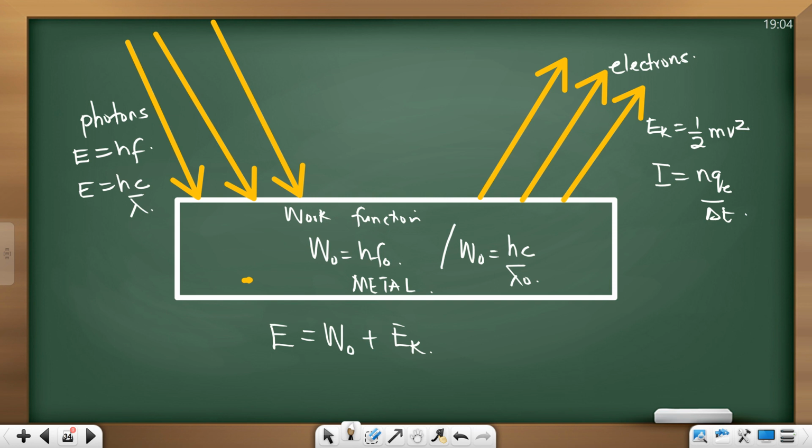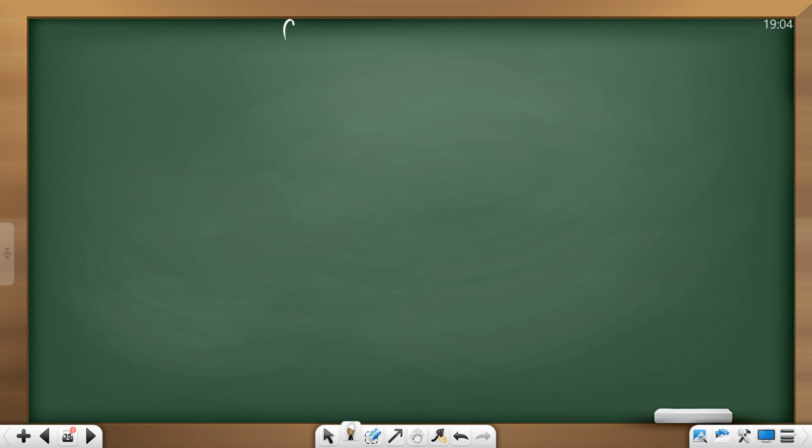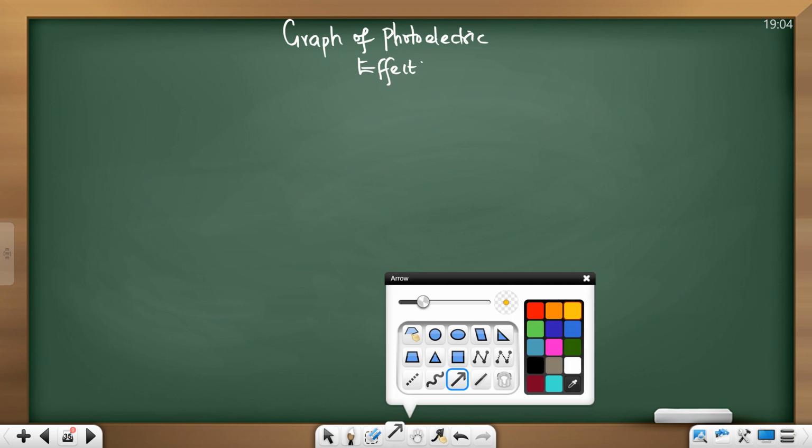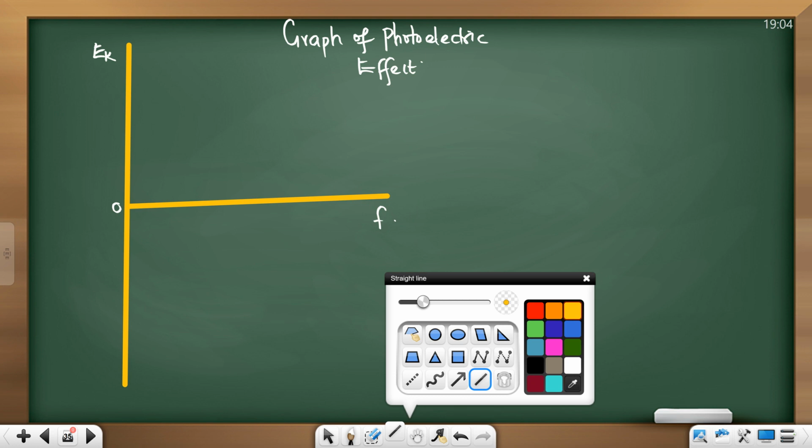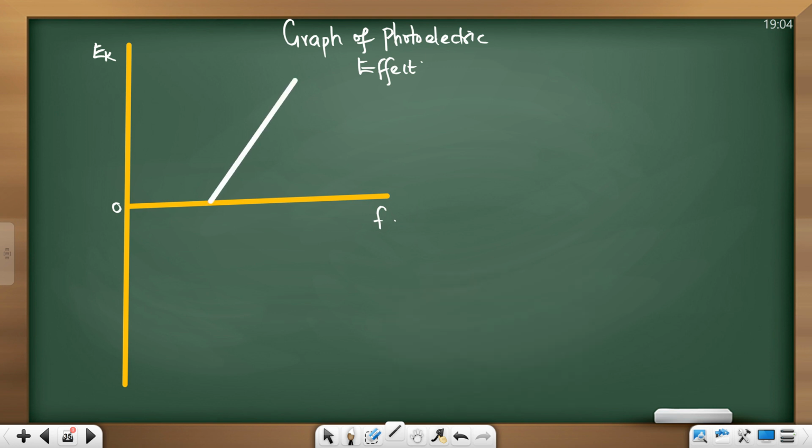So let's look at the graph skill. Interpreting graphs. Graph of photoelectric effect. You remember that graph that we saw earlier when we were playing with the simulation? We're going to start with the frequency here and kinetic energy there, and that's 0. This is what your graph would look like.